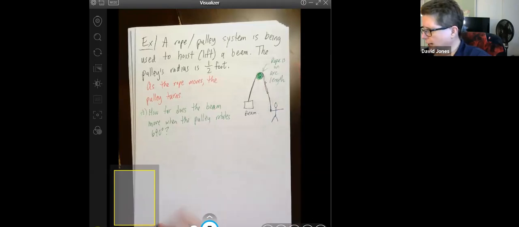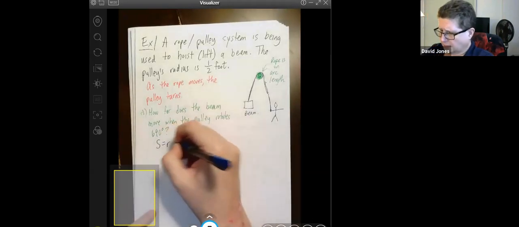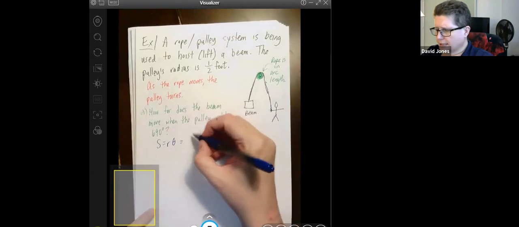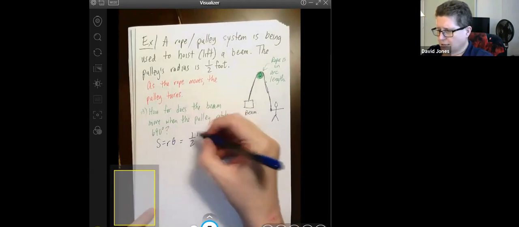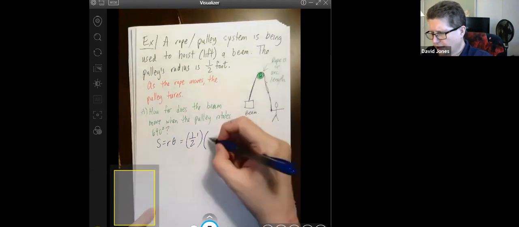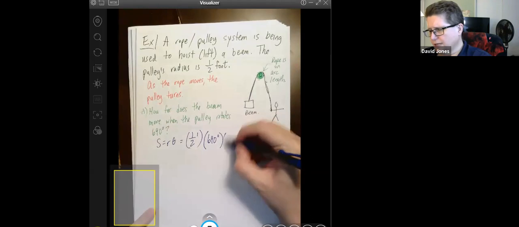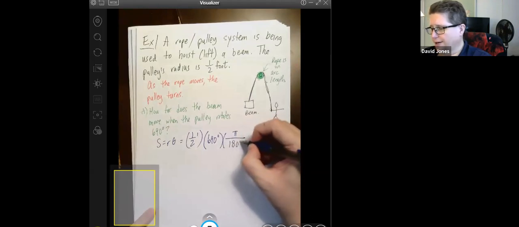So we're going to look at S equals R theta again. R is 1/2 of a foot. Theta, it goes through 690 degrees. And we don't want degrees, we want radians. So we're going to do the conversion rate, pi over 180 degrees.